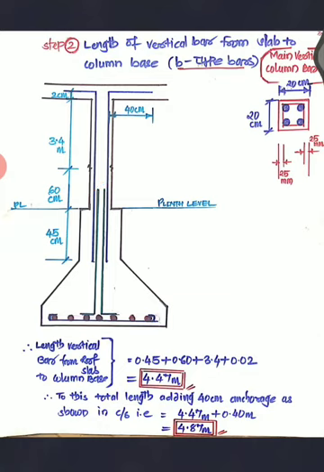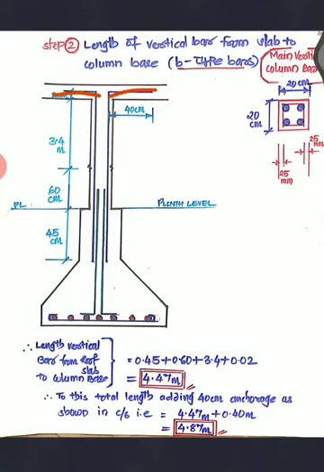The length of the vertical bar is 0.45, plus 0.60, plus 3.4, plus 0.02, that is what is inserted into the slab up to 2 centimeter. So you have 4.47 meters, right? But as I said, this bar is going to be bent in this direction.